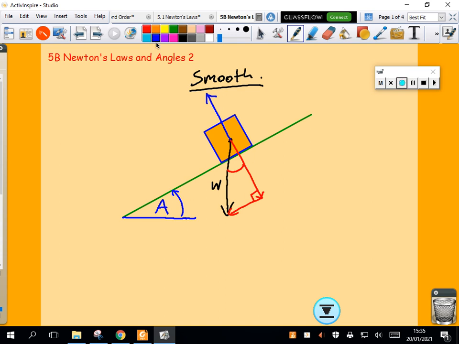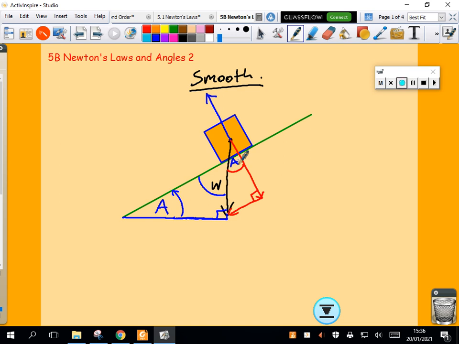If I extend this out and make a little right angle, this is A, which means this angle here would be 90 minus A, which means this angle in here would have to be A. That's something you need to get into your head.